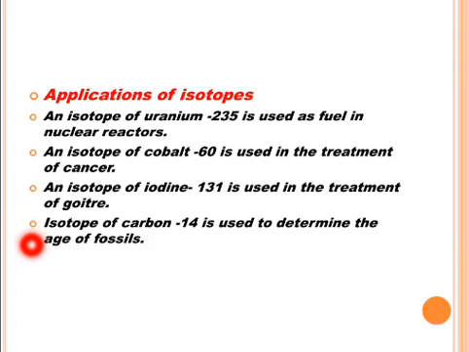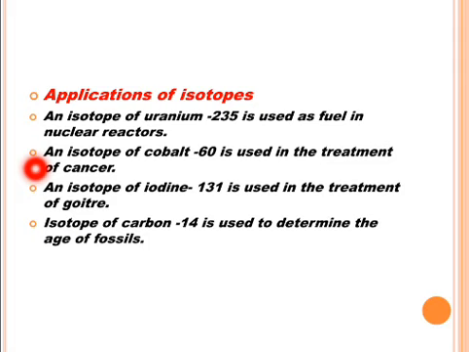So students, you can be asked in the exam to write the applications or uses of the isotopes, or you can be asked to name the isotope that is used as fuel in a nuclear reactor. So what is the answer? It is uranium-235. Similarly, you can be asked to name the isotope that can be used in the treatment of cancer.